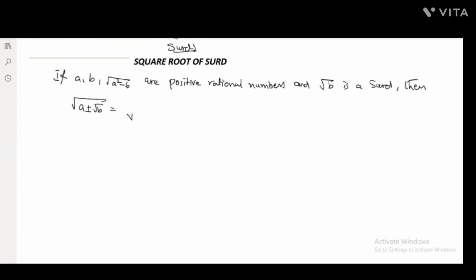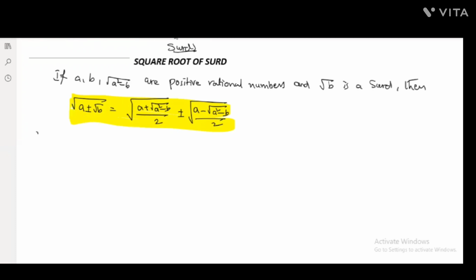It is equal to square root of (a plus root a square minus b) by 2, plus or minus square root of (a minus root a square minus b) by 2. So this is a formula to find the square root of a mixed third or compound third.